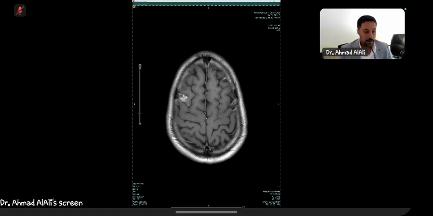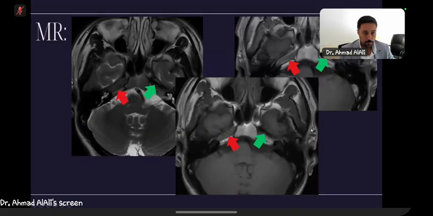Right. So, this is the patient that you've seen. If you go back through the images, at the base of the skull at the level of the internal carotid arteries, these are the petrous portions of the internal carotid arteries. The green arrow is pointing to the normal left side, and the other arrow is pointing to the diseased right side.